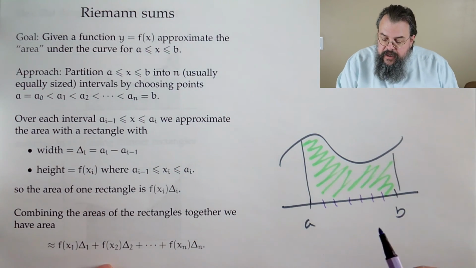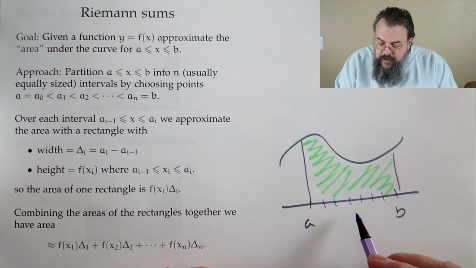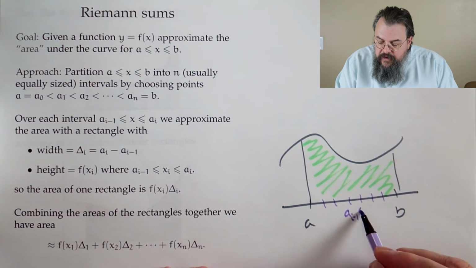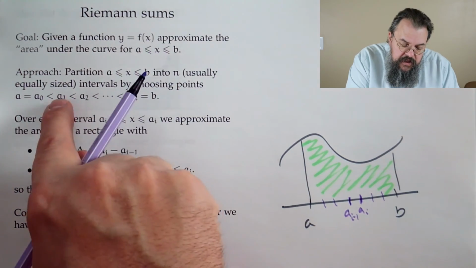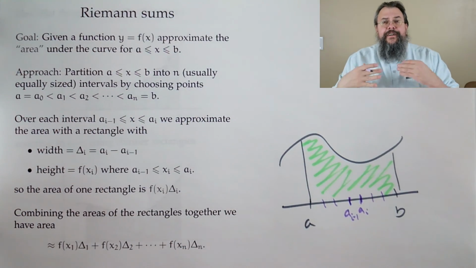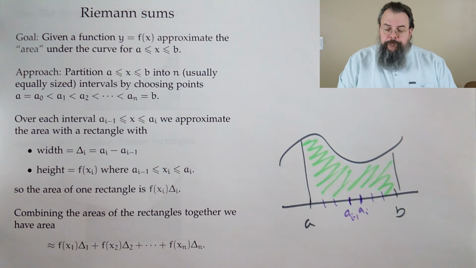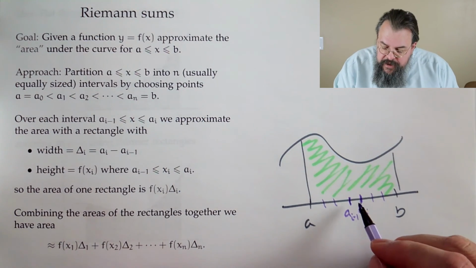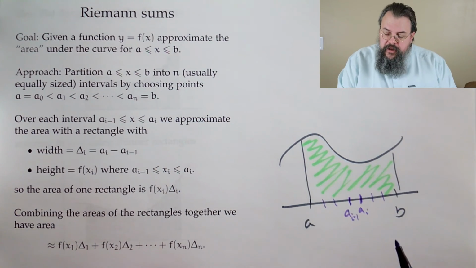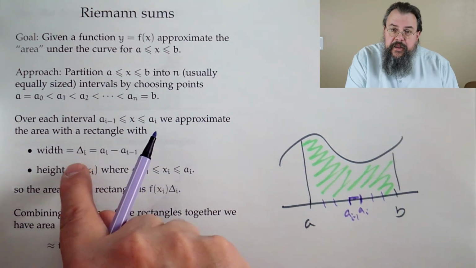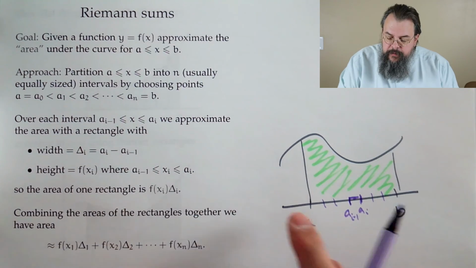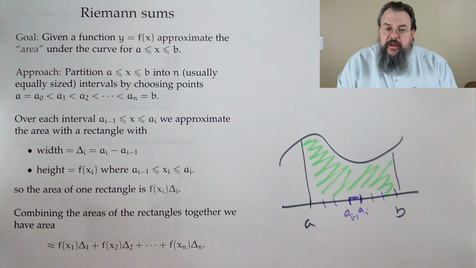And now it says, all right, look, at some interval, so you have some a sub i minus 1, a sub i. So these subscripts are indexes, just to keep track of which point is where. We say, look, there's got to be a rectangle that we represent. Now, the width of the rectangle, that's the width of our ith piece: a sub i minus a sub i minus 1. In other words, it's how far across it is.